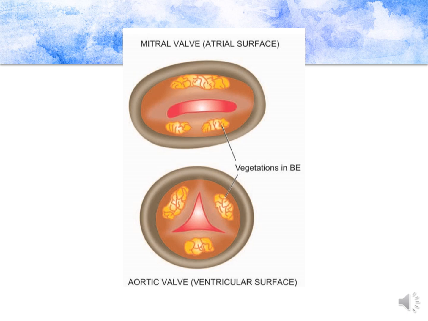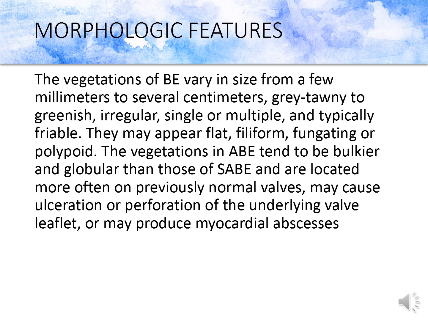Here you see the picture of a mitral valve from the atrial surface, and we see the vegetation in bacterial endocarditis. Similar vegetation could be seen in the aortic valve. We see such a picture from the ventricular surface.